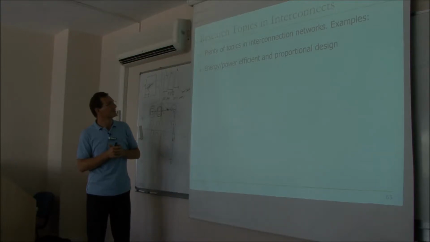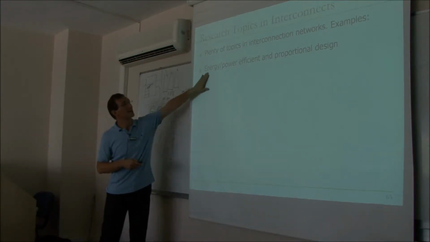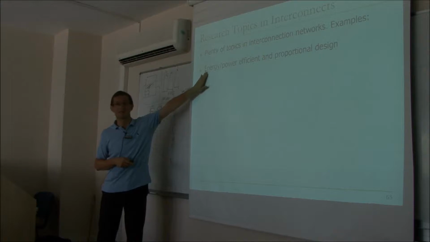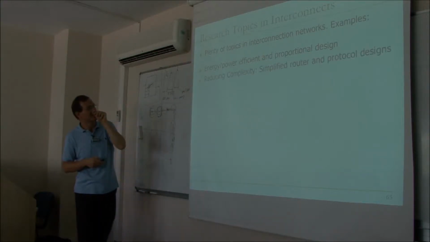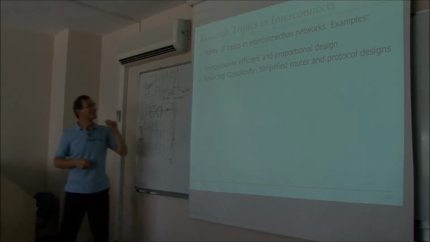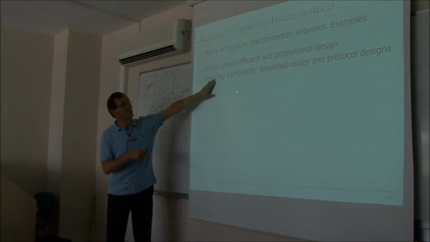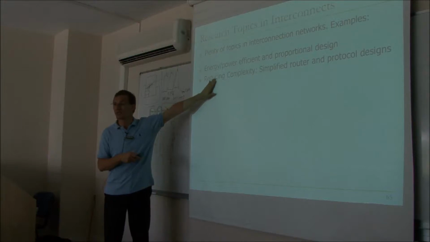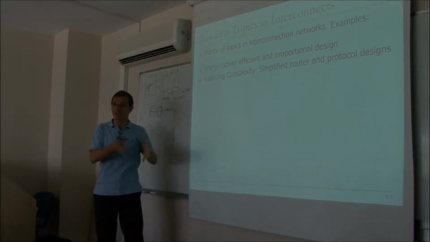Okay, so energy and power efficient and proportional design is a very important part, I think. These are, again, biased by my own opinions and my view of the field. Reducing complexity, I think simplified router and protocol designs are critically important because of the differences between on-chip and off-chip interconnects.